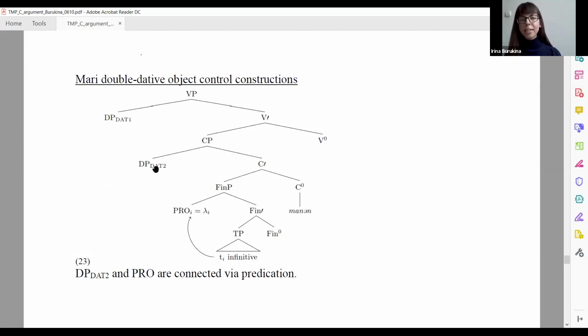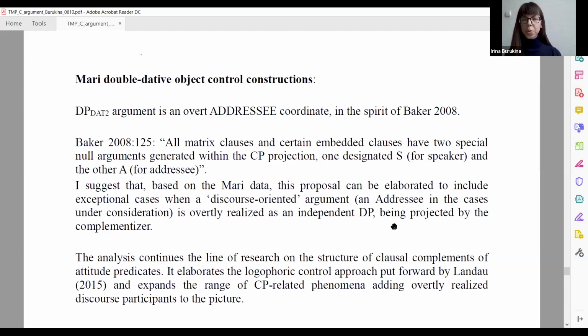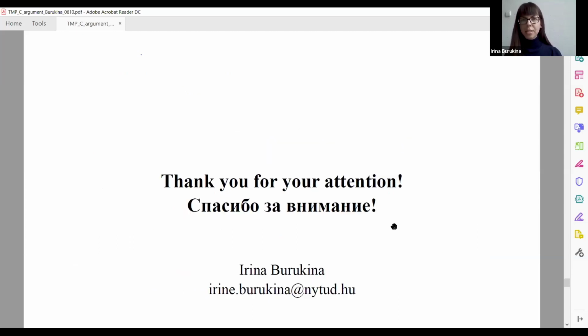And again, the second dative and the embedded FinP are related via predication. So this is essentially my proposal. And I would be very grateful for all comments and suggestions. And if we have time during the Q&A session, I can talk a little bit about the alternative analysis, which in my opinion does not work. Thank you so much for your attention.